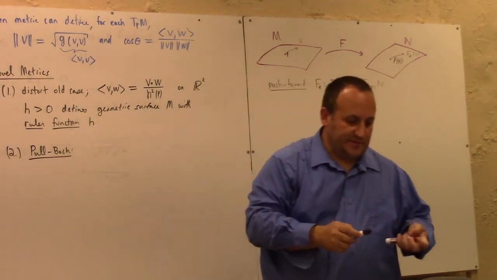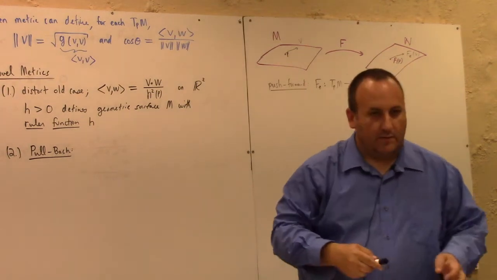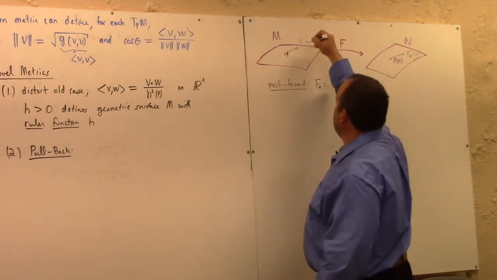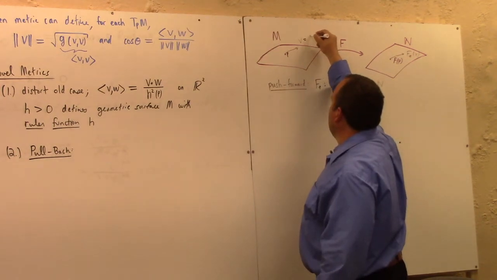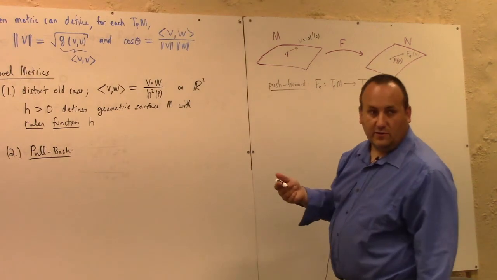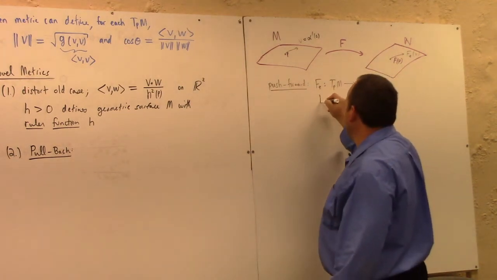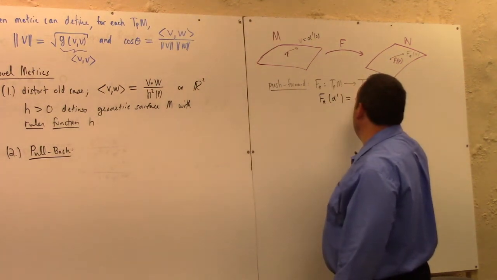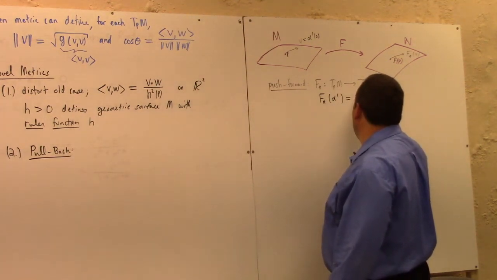There are various ways to define that, but I think the quickest way to express it is to suppose that V is equal to alpha prime of 0 for some curve. Think of it as the tangent to a curve. Then the formula for the push forward, F star of alpha prime, is literally the derivative of F composed with alpha.